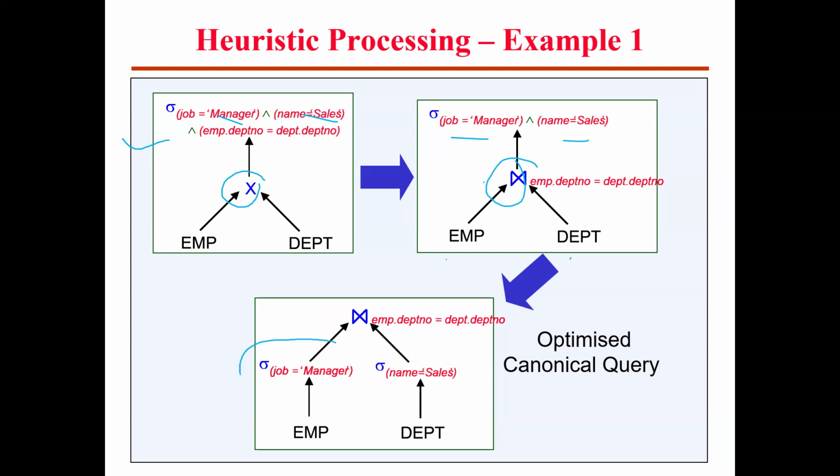Here we want to select only managers and select only sales department, and then the result is smaller here, right? For example, here 50 managers are there out of 1,000 rows. And here out of 50, we have 5 only. So we selected this 50 and 5. Then we made a join operation. So this is the best canonical form.